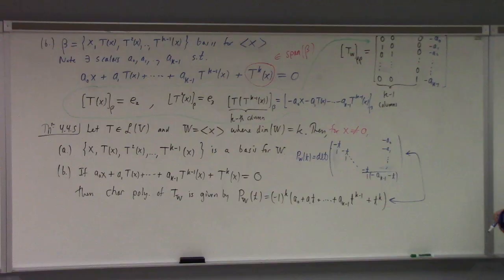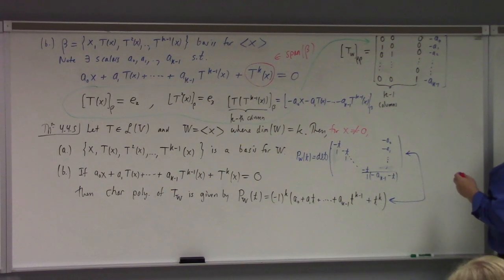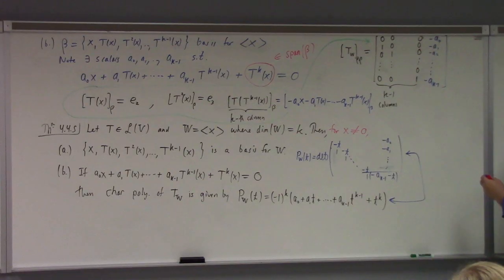Let me, in the interest of making it make sense for you guys, go with something more concrete. So suppose we have example 1, where we have 0, 1, 0, 0, 0, 1, and minus a, minus b, minus c.